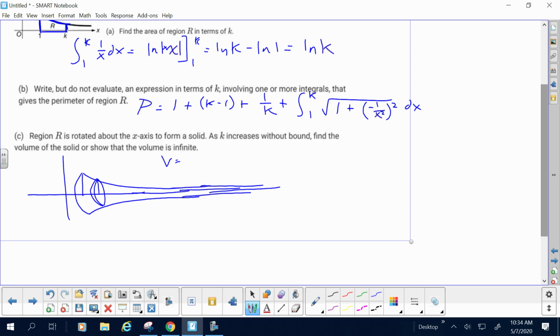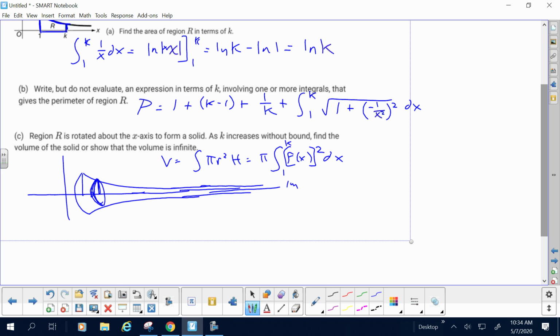So the volume is the sum of many of those disks. The radius is the function. The height is the thickness of the disks, which is dx, and the bounds are from 1 to k.